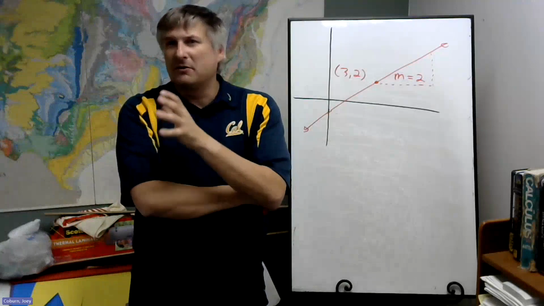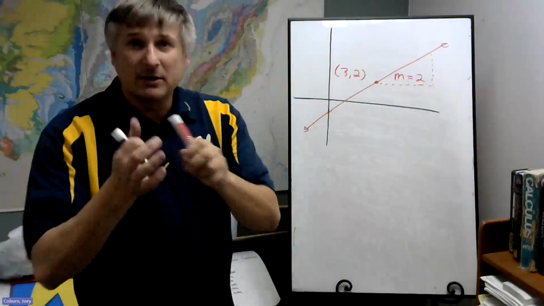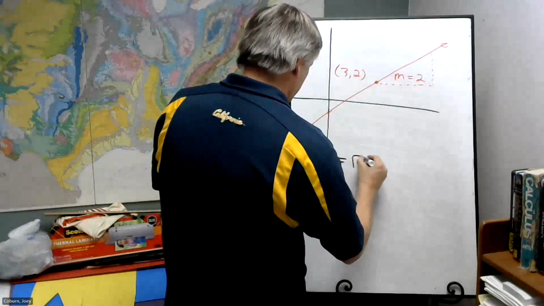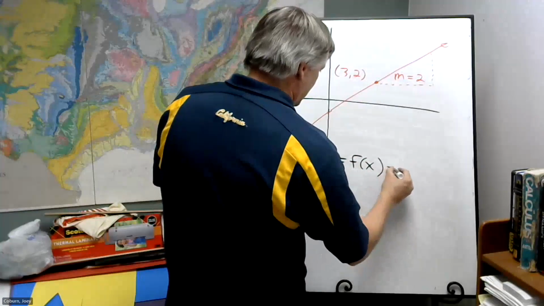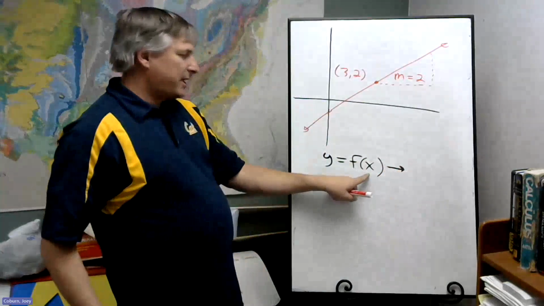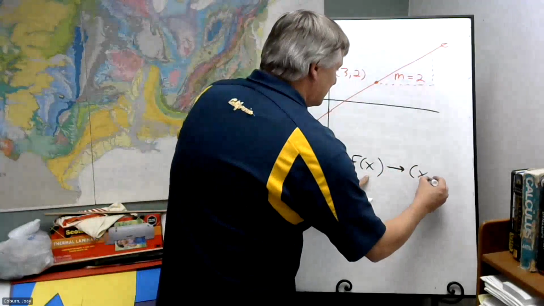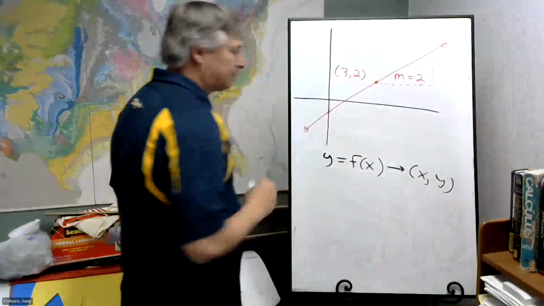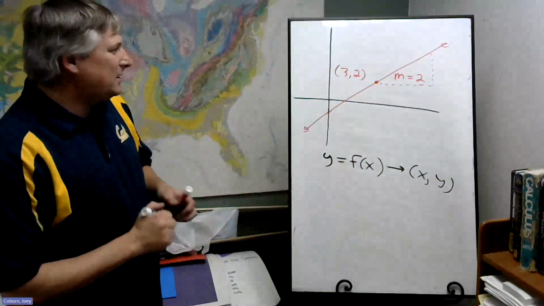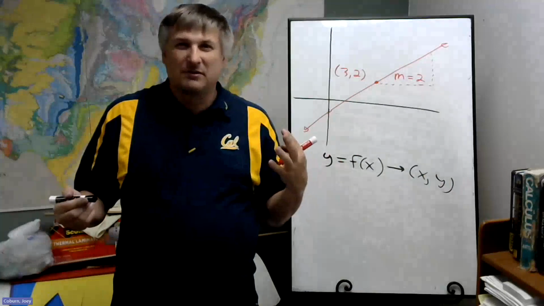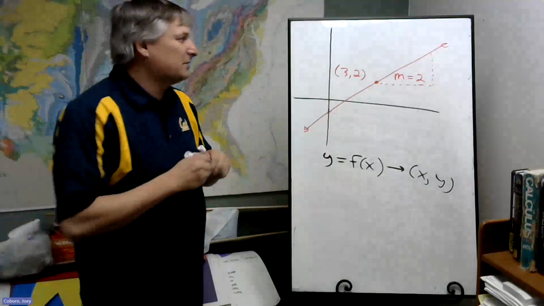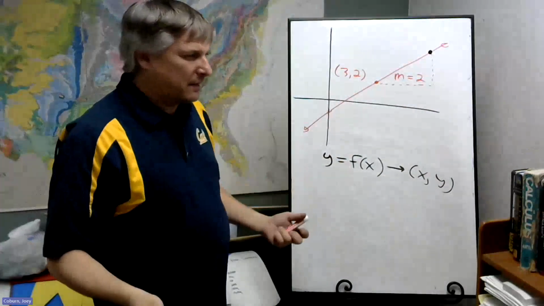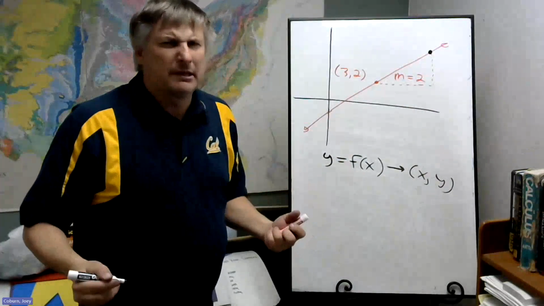Well, recall that a formula is something like y equals f of x. And what this means is for an input of x, we get an output of y. So that means we could pick some point on this line. As long as it's on the line, it must follow the formula for this line, whatever that formula is.